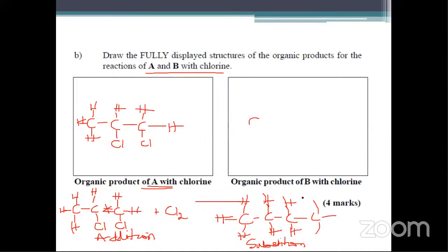What happens in substitution? What will happen, class? Remember, I asked you to draw this out for homework. One of the hydrogens is going to come out, and what will happen after that?